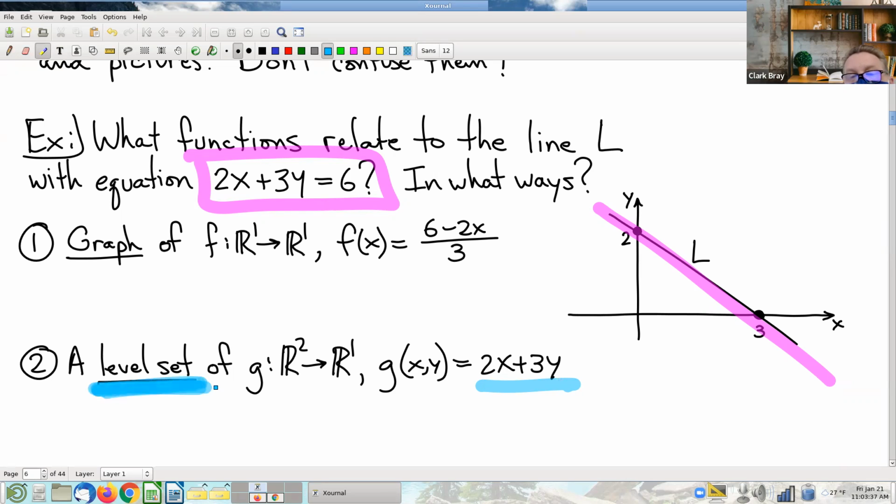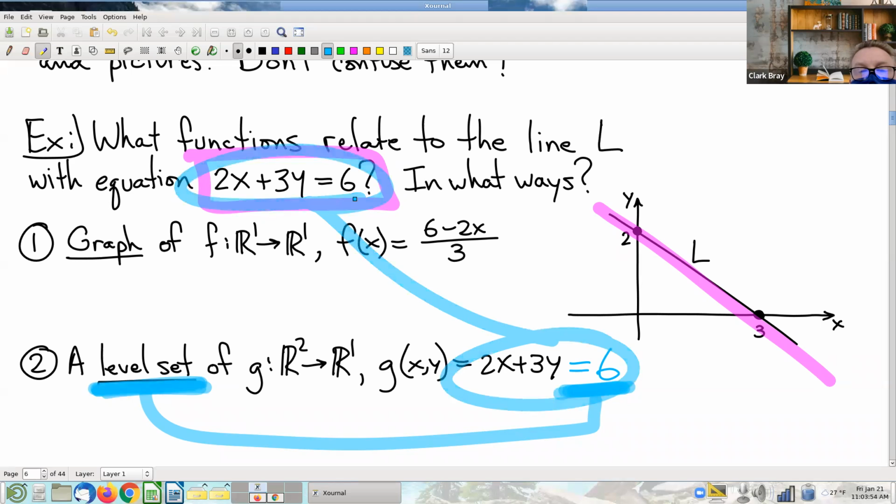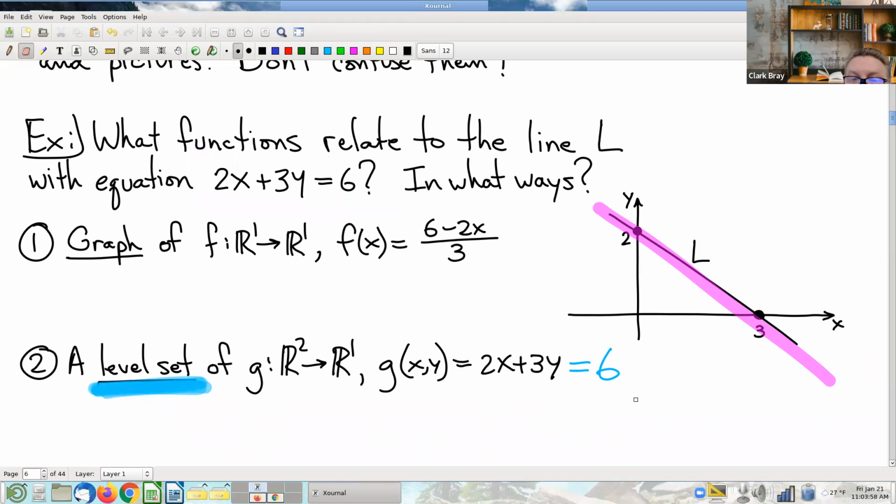Let's set this equal to 6, because a level set means you're setting equal to a constant. And sure enough, I get the exact same equation that I had there. So this line is also a level set. Yeah, it's a graph, and yeah, it's a level set.